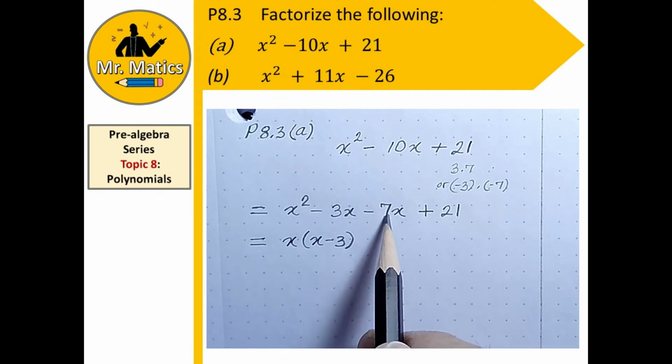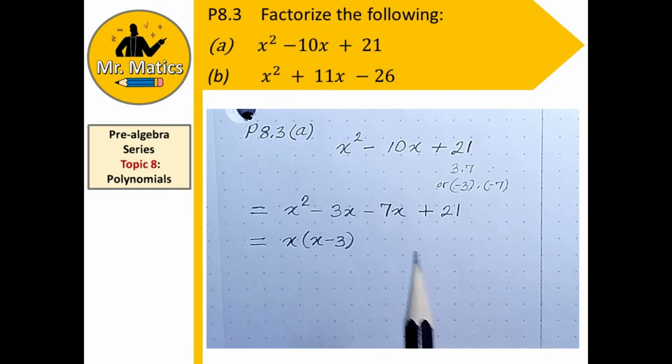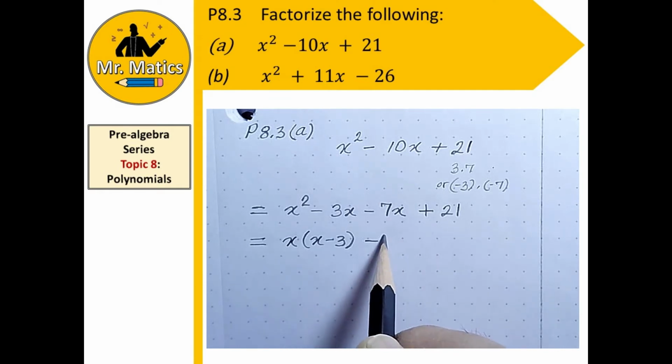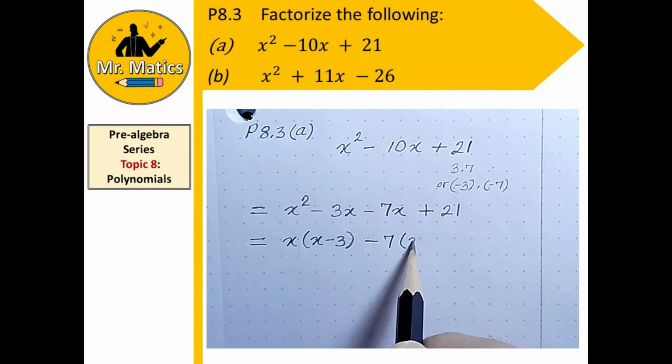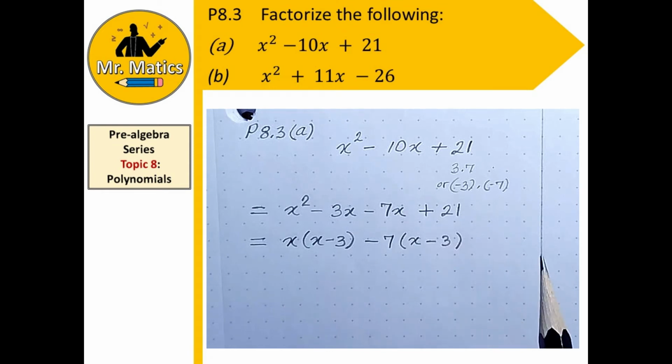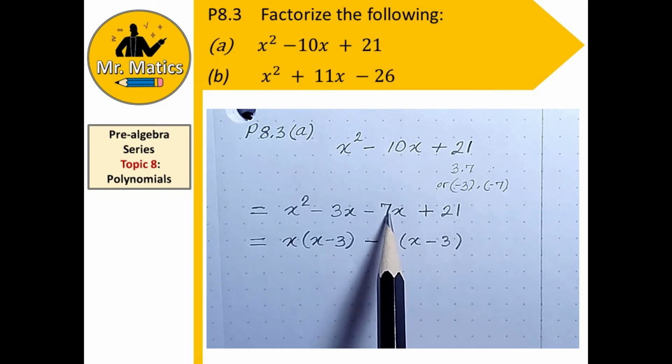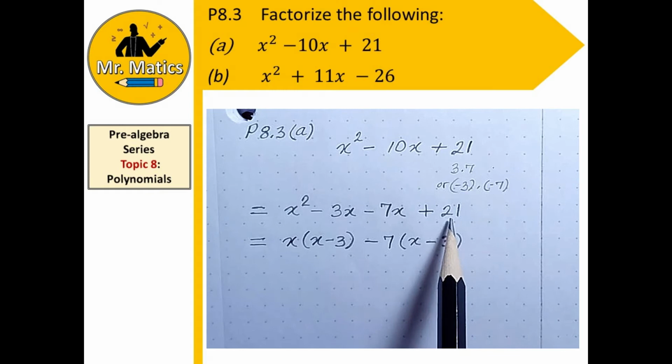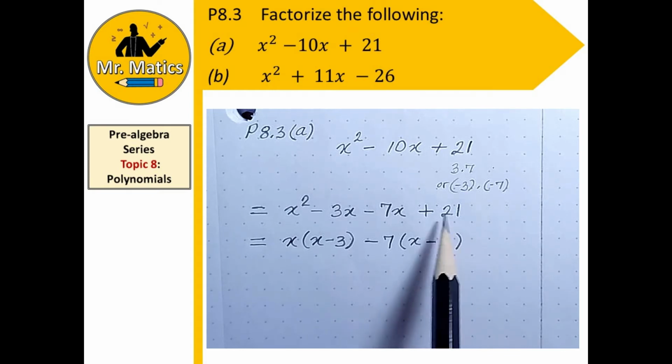And if I take the factor minus 7 common, I get x minus 3 here inside the bracket. Now if you are not sure, you can again multiply it. Minus 7 times x is minus 7x, and minus 7 times minus 3 is plus 21. So we can reconstruct it if we take the bracket out.